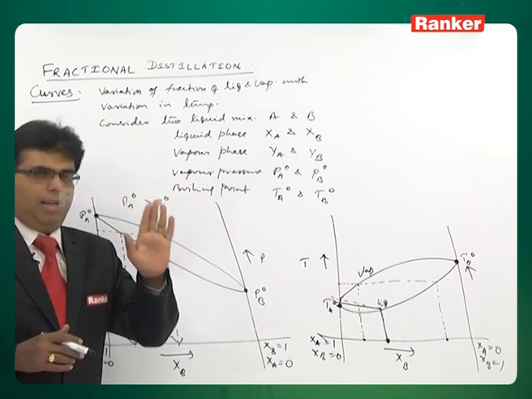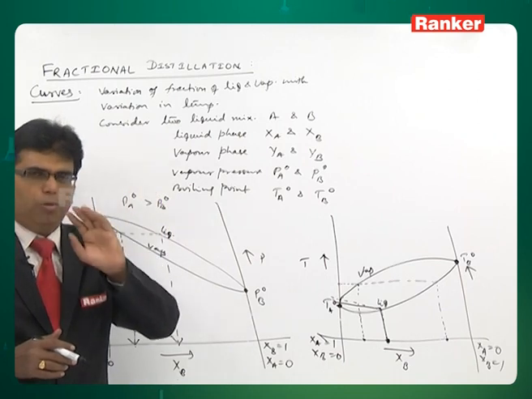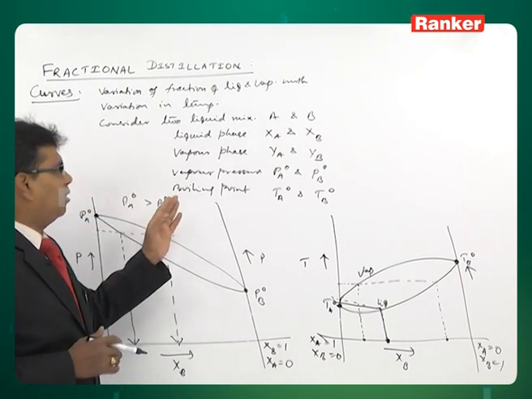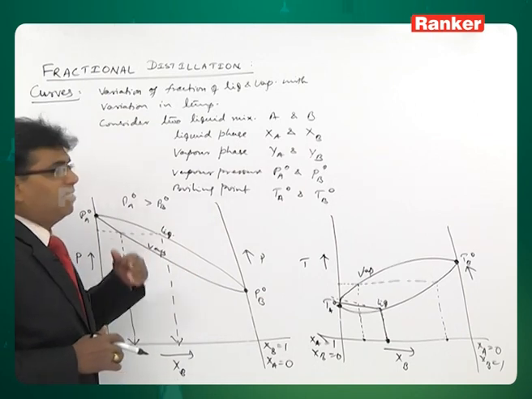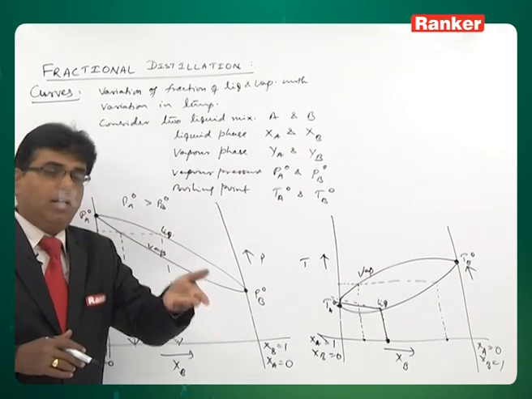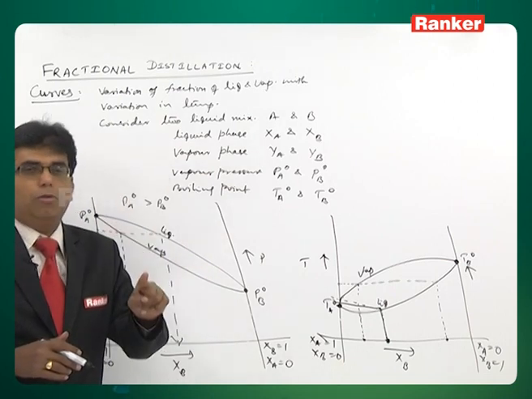where the vapor pressure of the mixture is equal to the sum of the partial pressures of the two liquids, that is, P s is equal to x A P A naught plus x B P B naught, or where the solute does not undergo any association or dissociation, because that is what an ideal solution means.